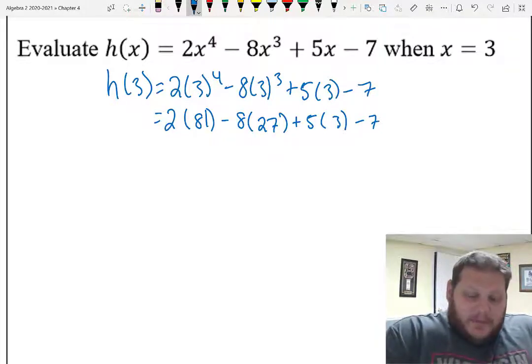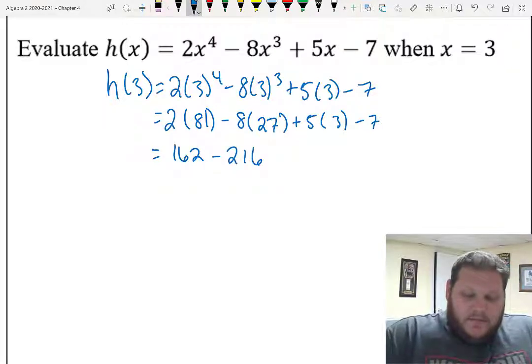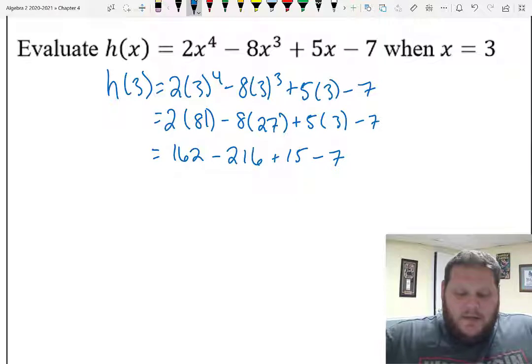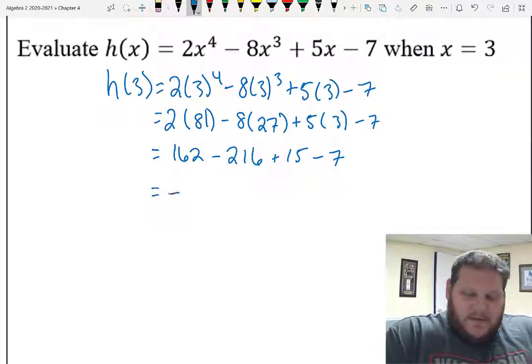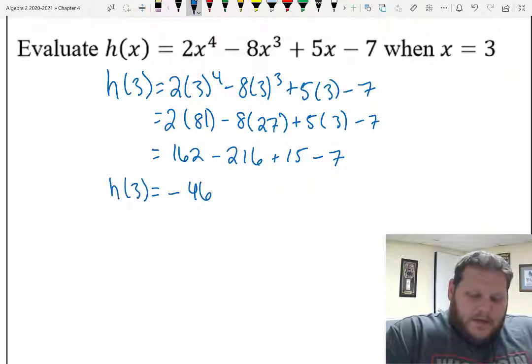Next, I'll go ahead and multiply. 2 times 81 is 162. 8 times 27 is 216. 5 times 3 we know is 15, minus 7. And you add all of those up. 162 minus 216 plus 15 minus 7 is negative 46. So h of 3 equals negative 46.